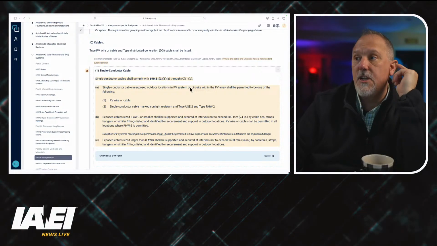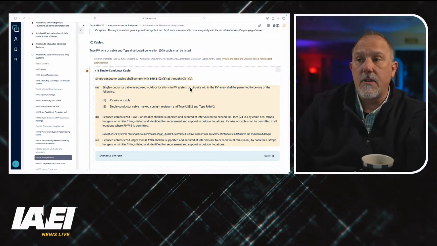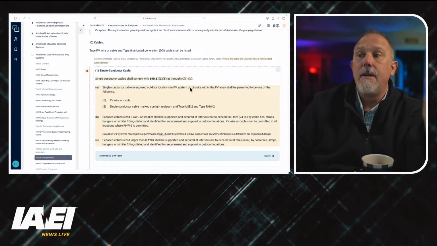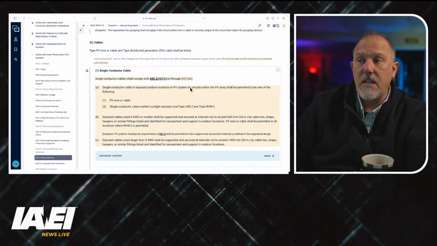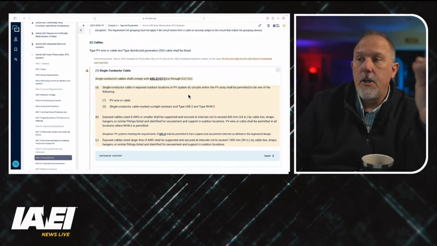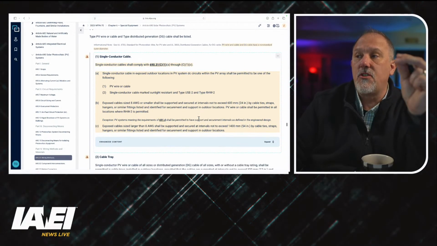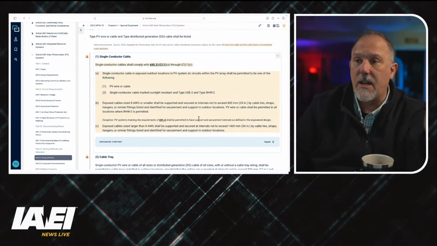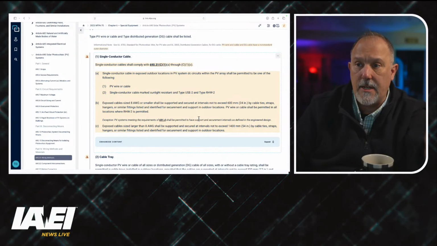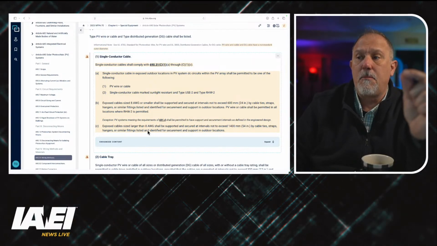Within the PV array shall be permitted to be one of the following: PV wire or cable, single conductor cable marked sunlight resistant, and type USE2 and type RHW2. They have to be supported and secured at intervals not exceeding 24 inches by cable ties, straps, hangers, or similar fittings. Exposed cables size larger than number 8 shall be supported and secured.